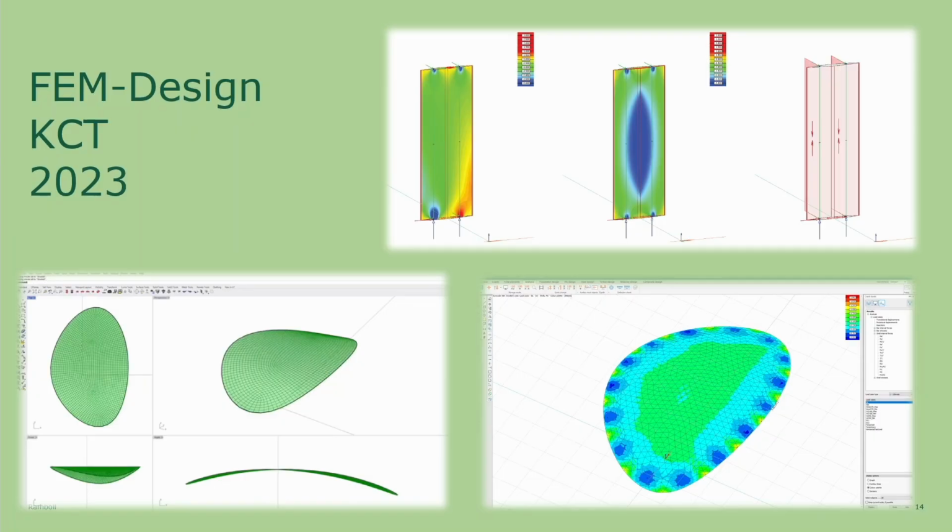Then we go 4 years ahead, after some COVID and stuff, and we presented a project called Kanalbyen. There you have a double curved slab, I think it might be a roof actually, a double curved roof, similar to what Matthias showed.